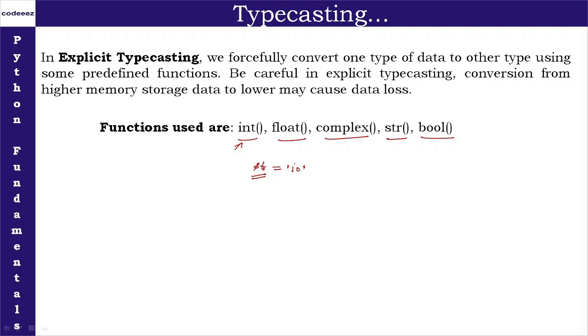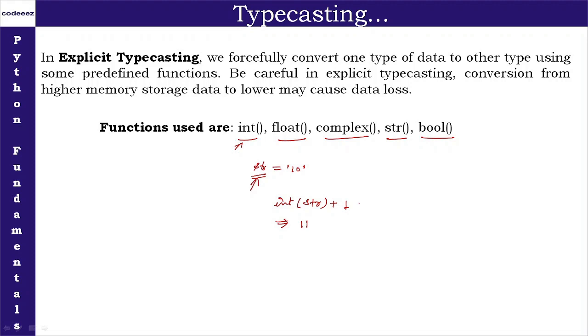If a programmer still wants to do some arithmetic operation with this str, he will have to convert this str into integer type. Somewhat like this: int, and within brackets he writes str, and suppose I write +1, now it will give you the result 11, right? So this was the example of explicit typecasting.